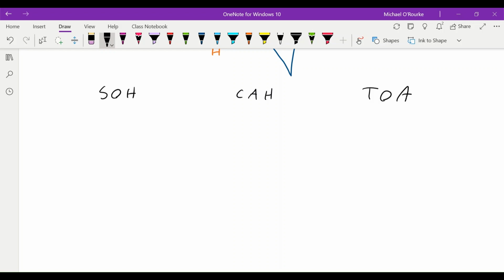So SOH is actually sine theta equals opposite over hypotenuse.